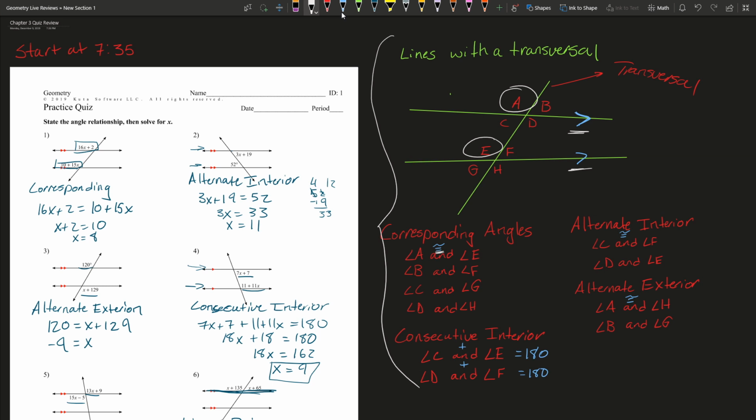Then we have alternate exterior. So again, alternate means opposite sides of the transversal. Exterior, though, means outside of the two lines.